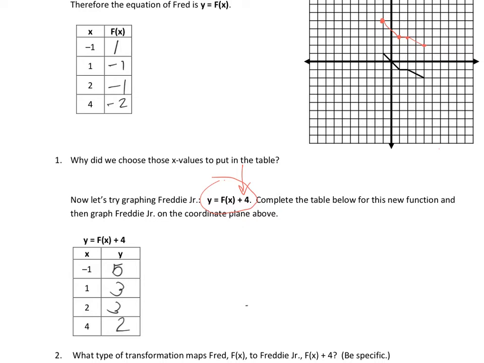So a change in the y values is going to be some sort of vertical change. When I add 4, that means I am moving up 4 units. If I was to subtract, I would be moving down. And again, if it's outside of the parentheses, that means it's affecting the y values. Anything that affected x's would be inside the parentheses.